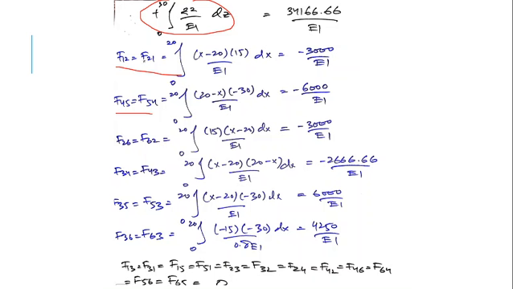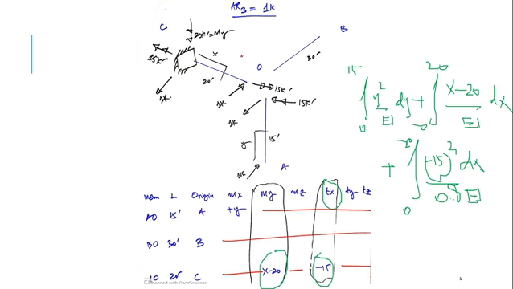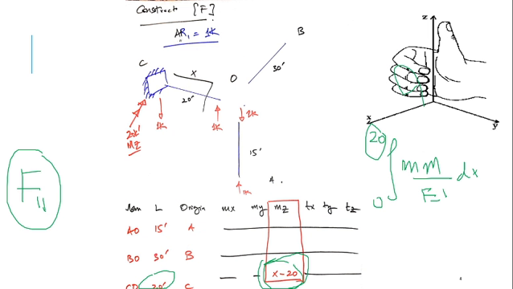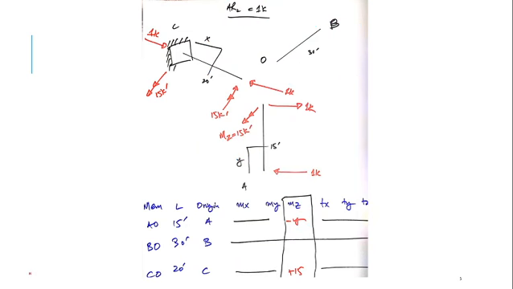So let me find F12, which is equal to F21. You know that x minus 20 has been multiplied with 15. Going on to F12, you have to deal with AR1 equal to 1 and AR2 equal to 1. Let me clear all these things.